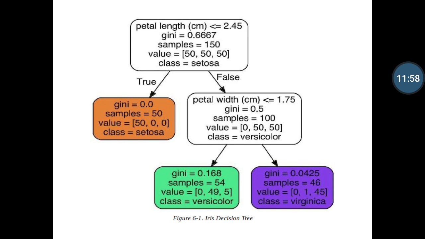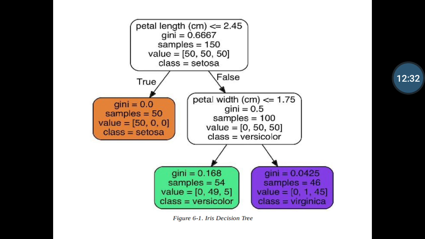At the end of the true branch, it exits from the program. On the other hand, if the condition is false, then the output is petal width in centimeters less than or equal to 1.75, and gini is equal to 0.5, samples is equal to 100, value is equal to 0, 50, 50, and class is equal to versicolor. And that is further divided into two parts as per decision tree concepts.